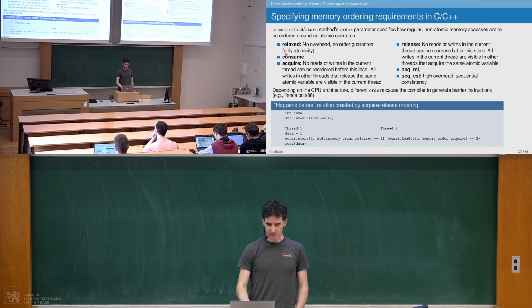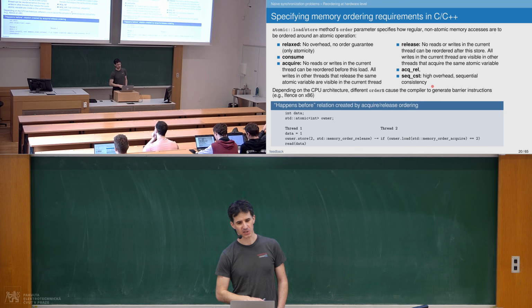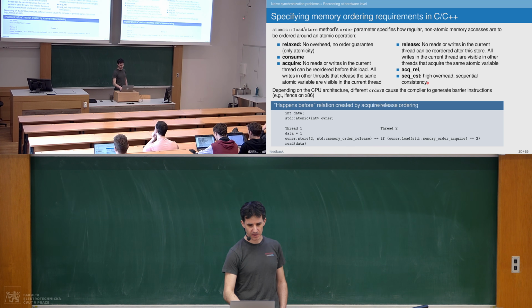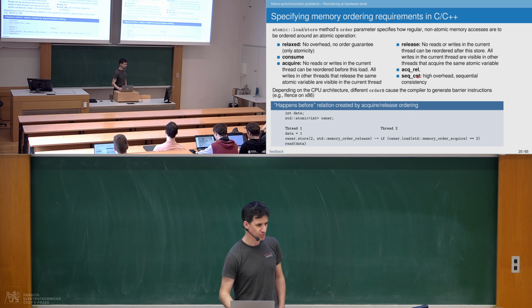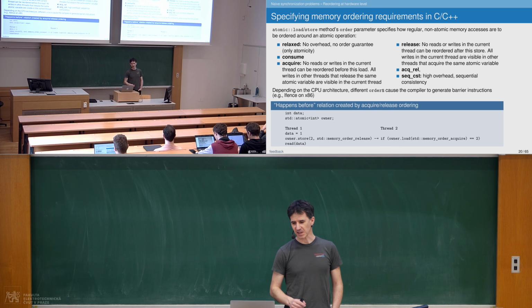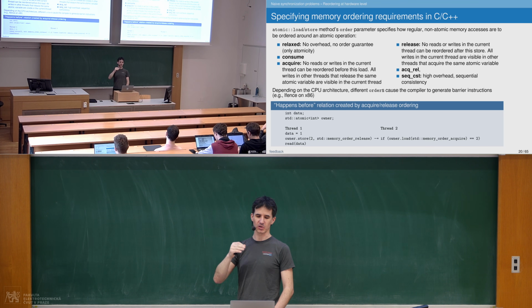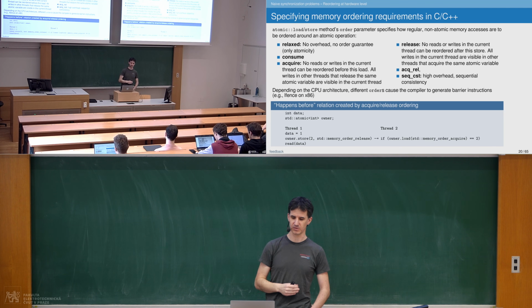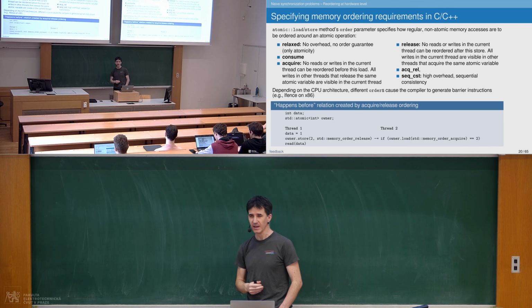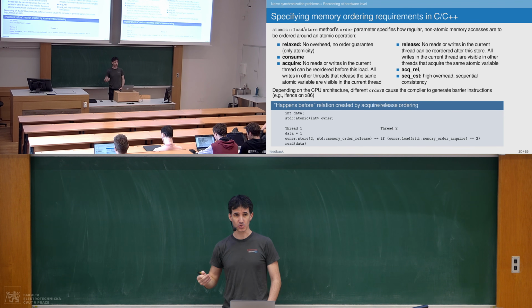The most strict option is sequential consistency, the one at the end, which means that everything that happened before that memory instruction will be ordered before it, and everything which happens after it is ordered after it. And this is just how you specify it in the source code.